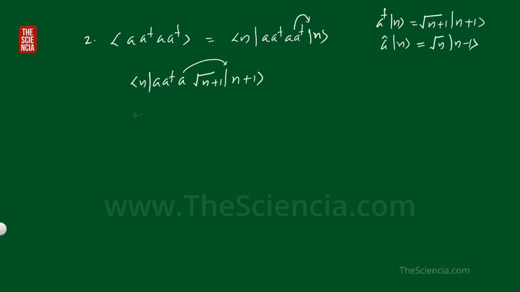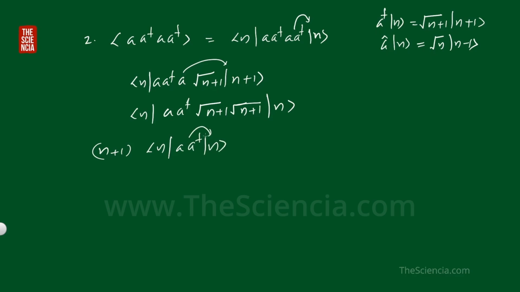Now this annihilation operator will operate, that is bra n a dagger root n plus 1 into root n plus 1 ket n, that is we got n plus 1 outside, then bra n a dagger ket n, right? So this will operate again, that is n plus 1 bra n a, when a dagger operates, we will get root n plus 1 ket n plus 1, right?